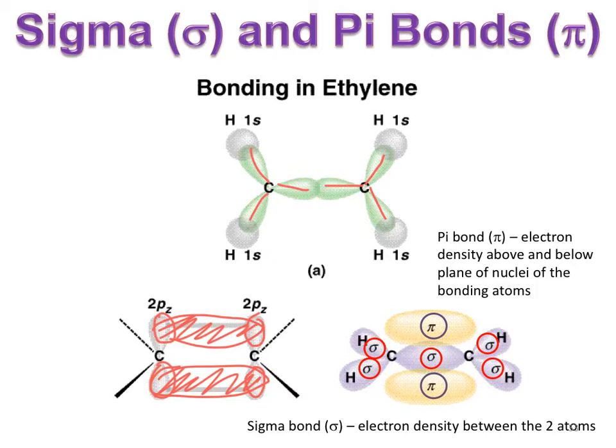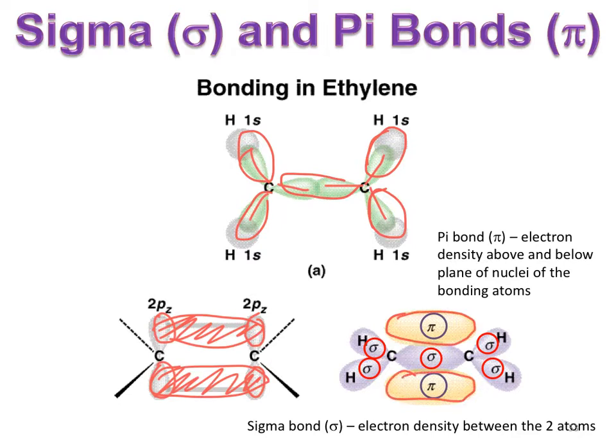The bonding that occurs directly between 2 atoms is called a sigma bond. The bonding that occurs as a result of p orbitals is called pi bonding.